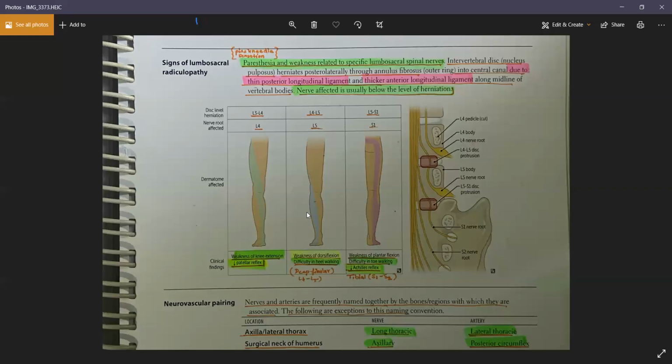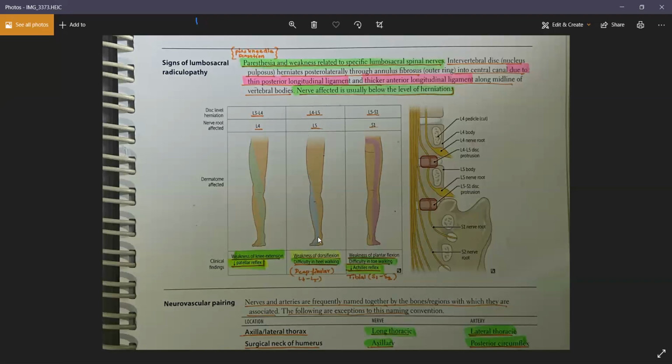Similarly, if a disc is herniated between the L4 and L5, then the L5 nerve will be compressed. And as a result, where will you get the symptoms? You will get the symptoms in the foot part, which the L4 and the L5 supply, right? So what you will have is a weakness in the dorsiflexion, because you know that the L4 has a major activity on the knee.